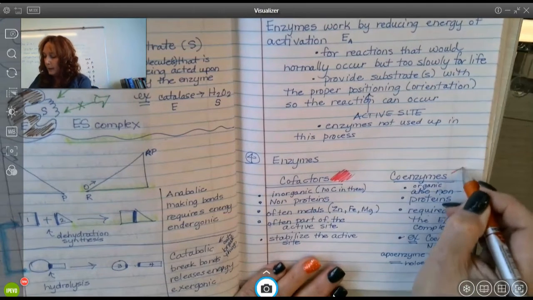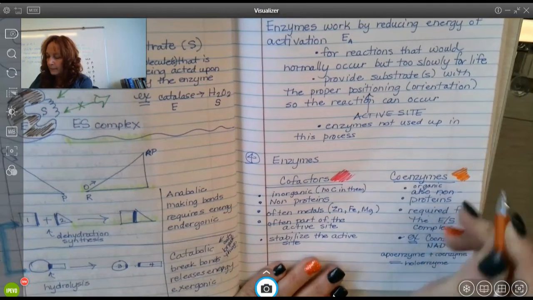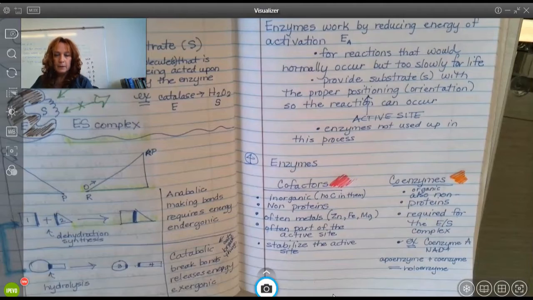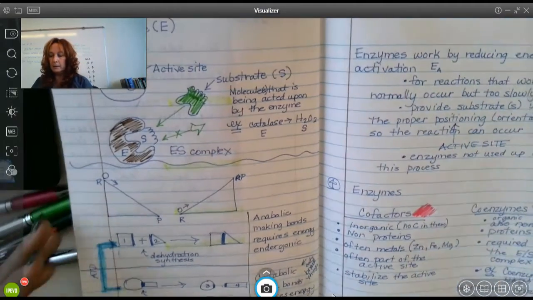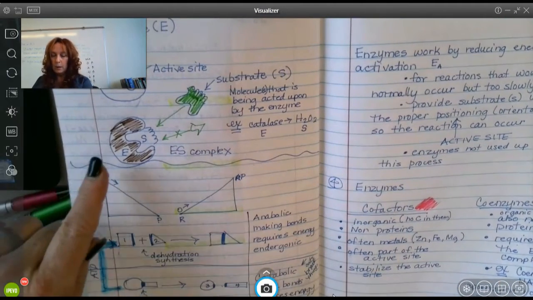I'm going to make my coenzyme orange. So I'm going to draw that now, updated.